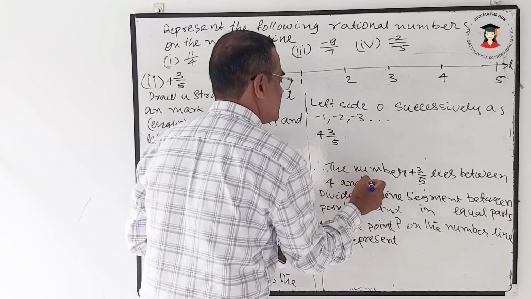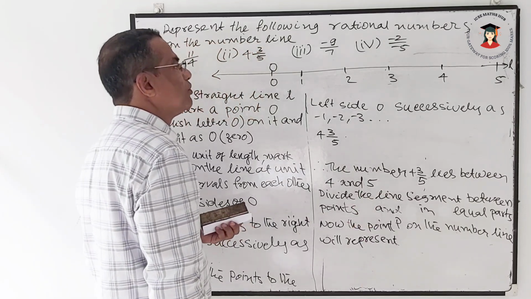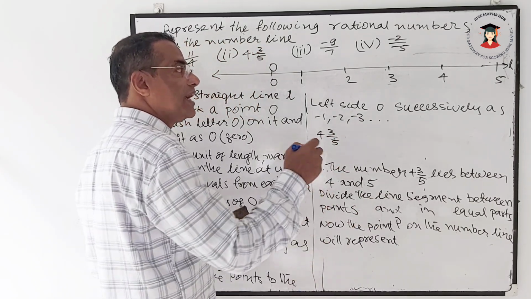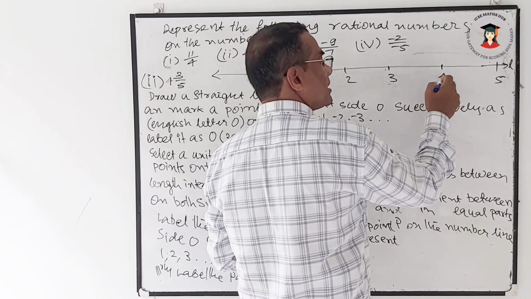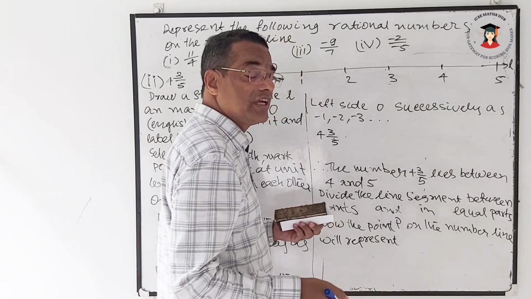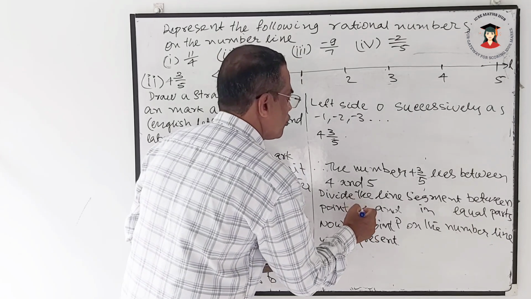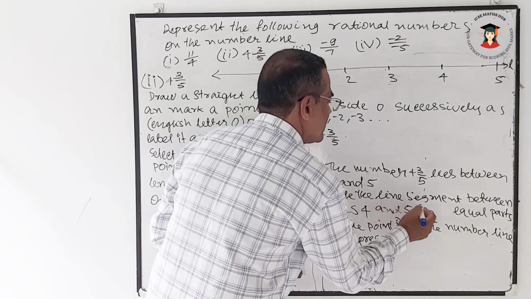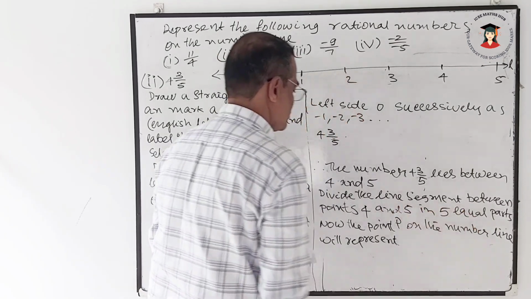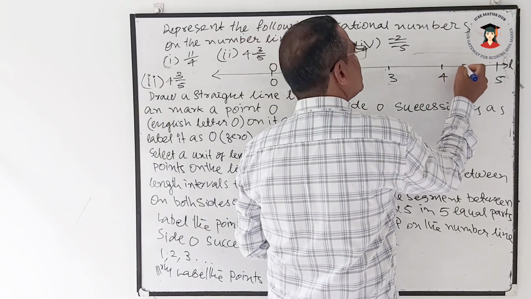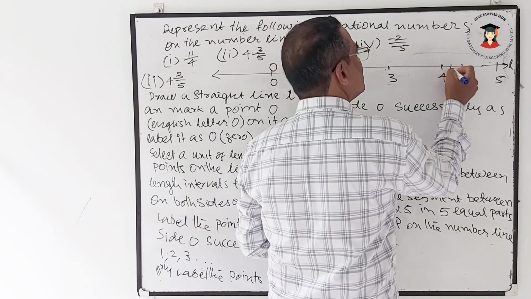Now divide, since the denominator here is 5, divide the line segment between 4 and 5 into 5 equal parts.